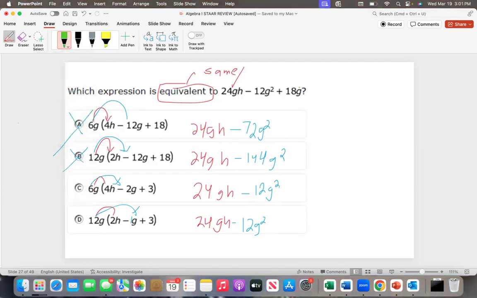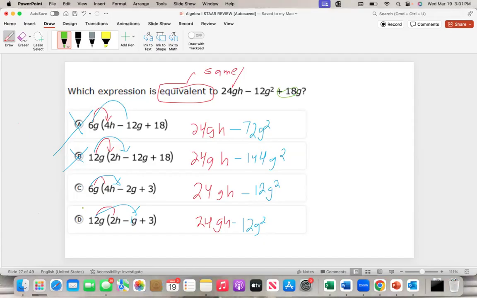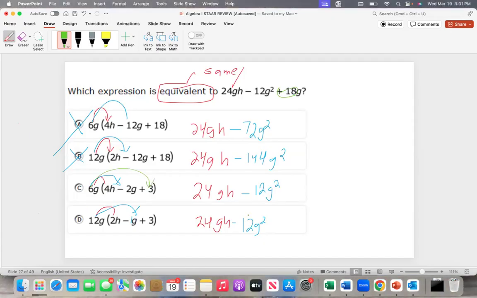The last one we're looking for a positive 18. Okay, so 6 times 3 is 18. And it has a G, so we need to keep that G. Perfect.